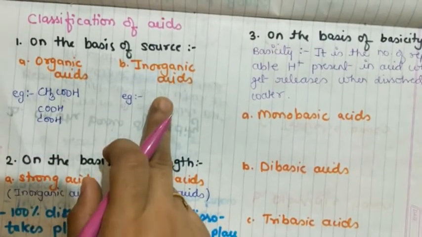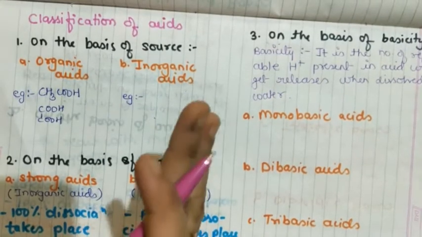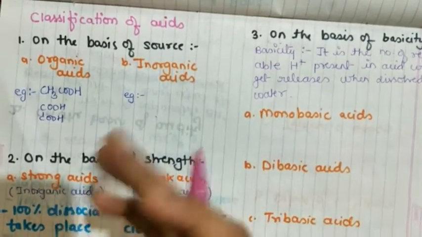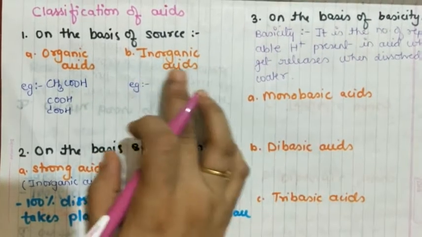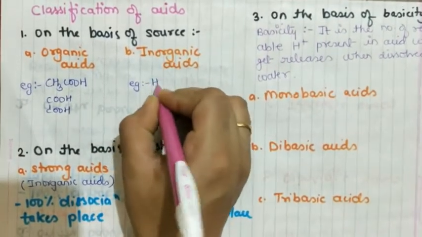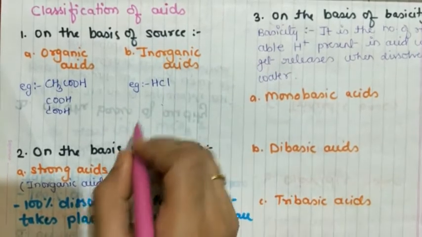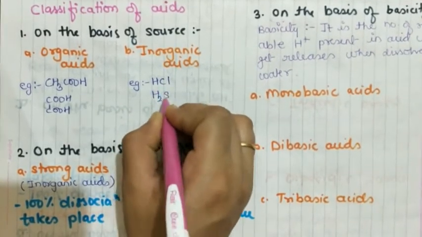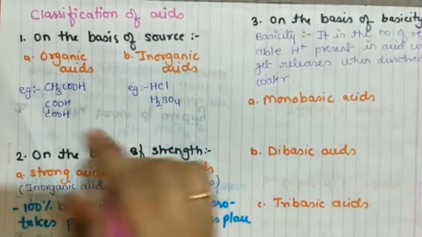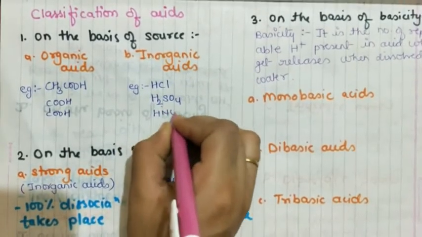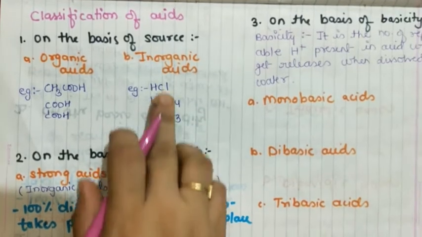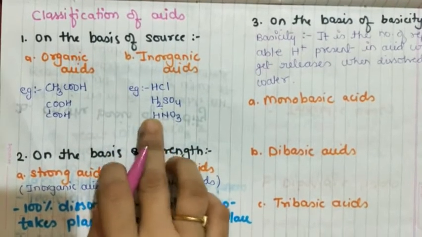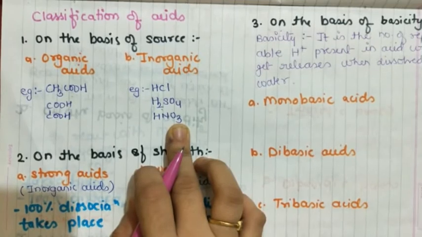If we talk about inorganic acids, the compound does not contain carbon; if any element other than carbon is there, then it will be termed an inorganic acid. For example, hydrochloric acid, which you have already seen, sulfuric acid, that is H2SO4, and nitric acid also do not contain carbon in their structure. These are called inorganic acids.